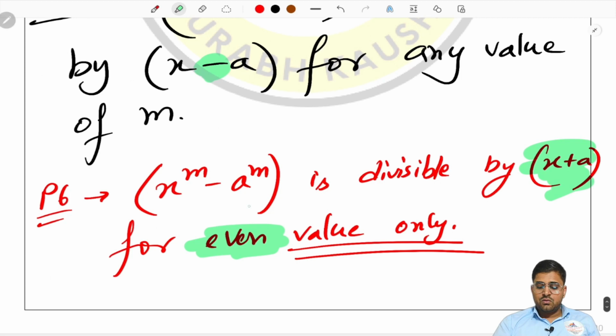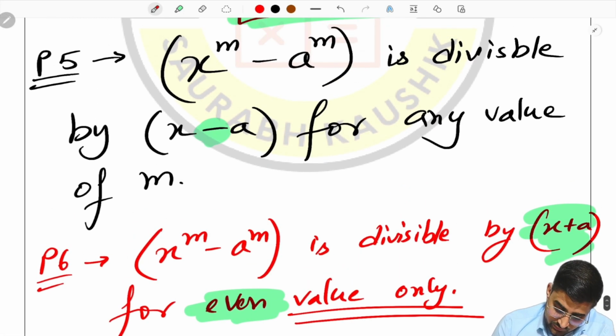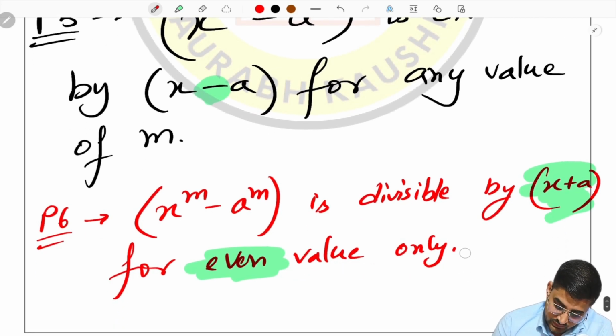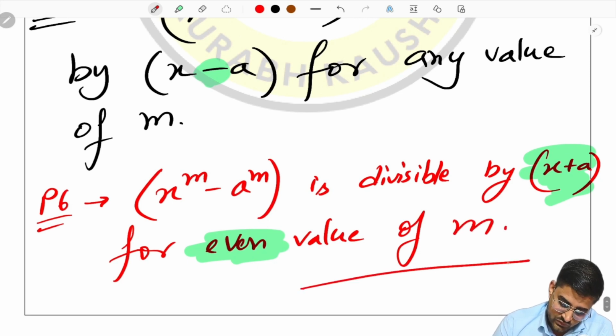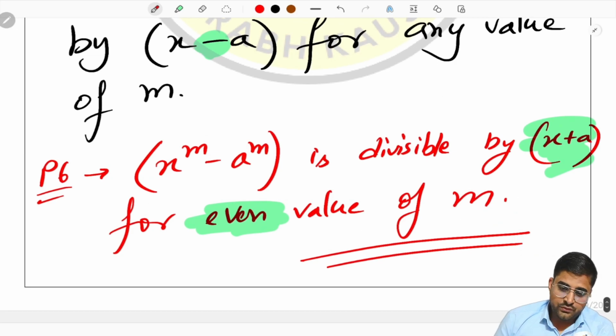But in the case of even value, if you want to divide any number, the only condition is the value of m should be even. I didn't write the value of m here, I write that also: division, even value of m. So that's the thing. Let us move ahead.